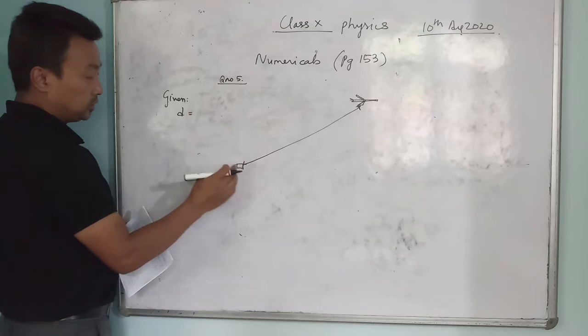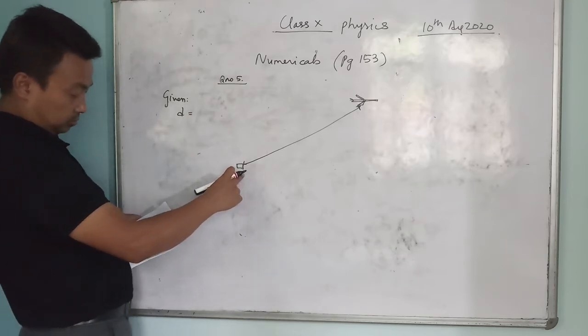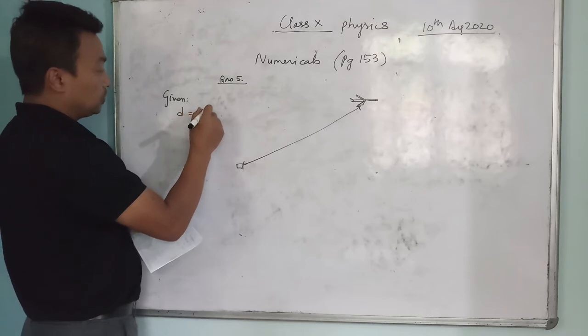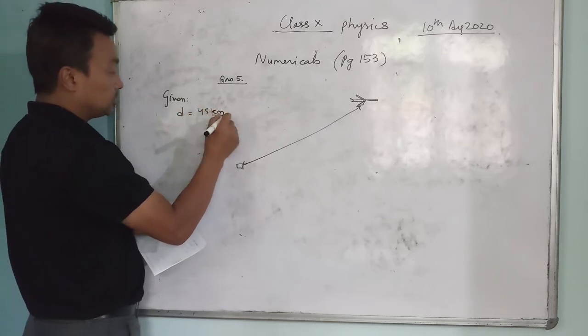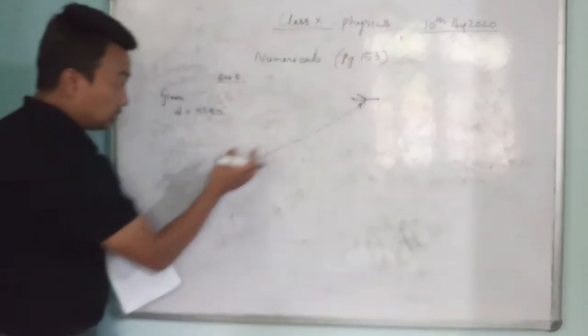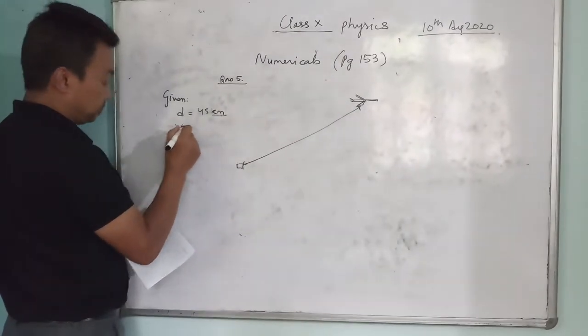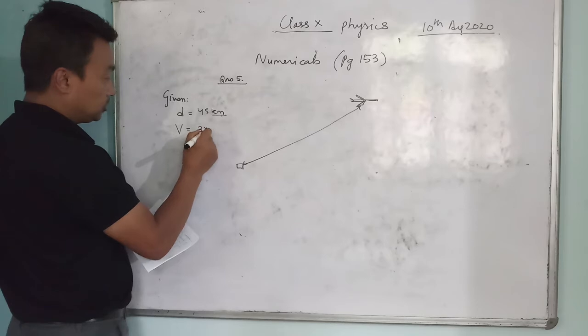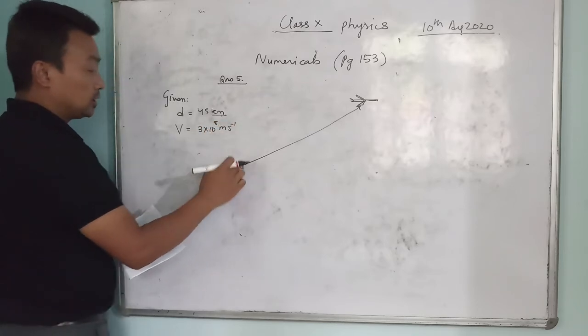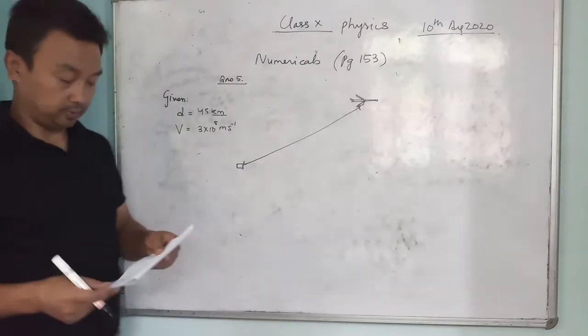The distance between the radar and the aeroplane is given to you, 45 kilometers. See the unit, it is in kilometer. Then this signal is going at a speed of 3 into 10 to the power 8 meter per second. That means it is traveling at the speed of light.